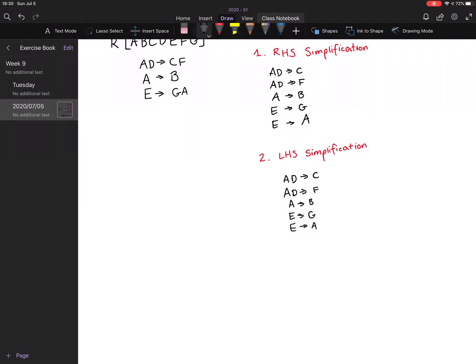Okay. Now, the third step is to delete the redundant functional dependencies.